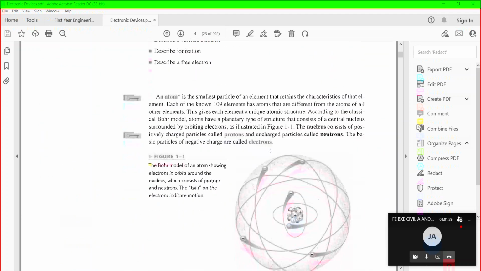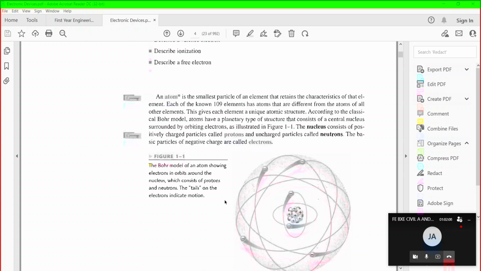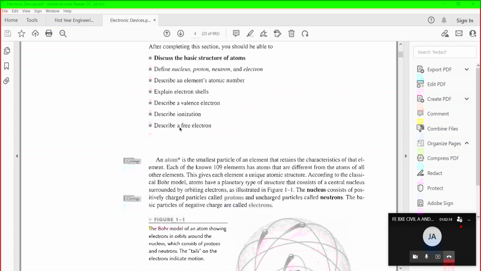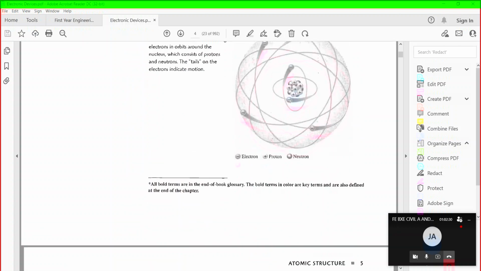In atoms, using the Bohr model, which you already did in 12th standard, what is an atom? Protons, electrons and neutrons. In that, free electrons mean the N material, ionization means the diffusion, valence electrons means the free electrons in a valence band and the valence shell, and that whole concept is known as one atom.